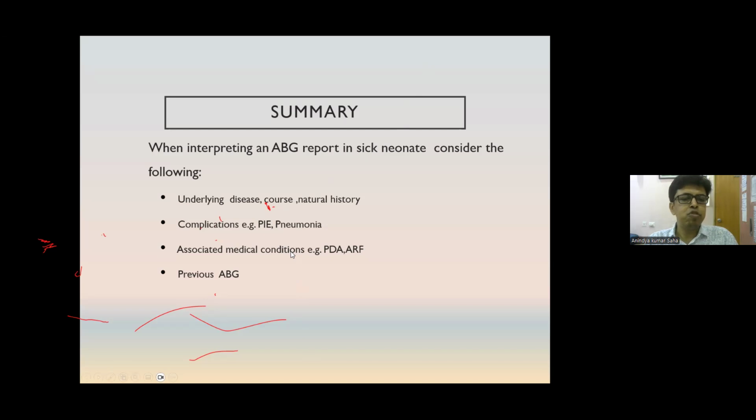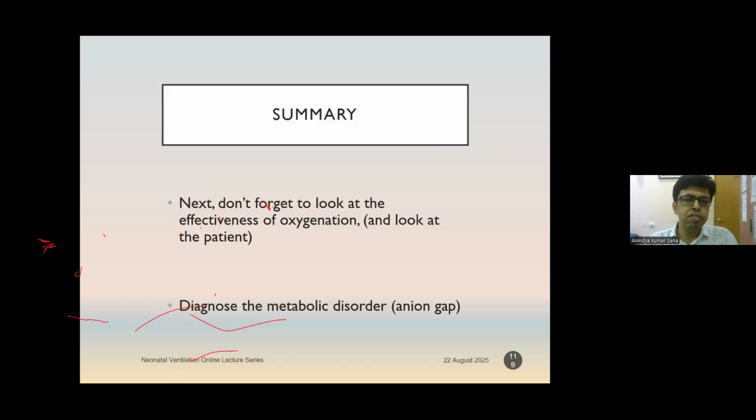All these have to be taken into consideration, as well as the previous report, and the series of change has to be taken into consideration, while we should not judge any individual ABG strip. That's the key to making best utilization of an ABG report.